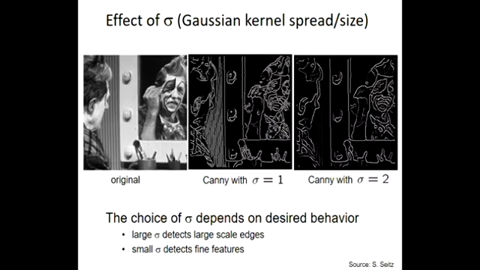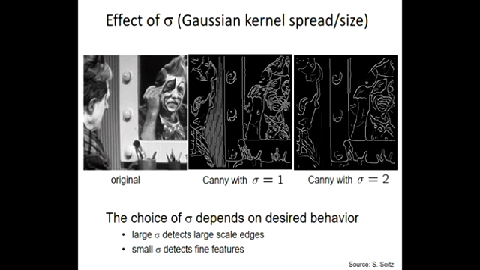Depending on the size of your Gaussian filter for the derivative of Gaussian, you can either detect fine edges or wider edges. With sigma equals 1, you get all these fine edges of the stripes of this wallpaper. With sigma equals 2, a lot of those edges disappear. You're getting more of the large edges.